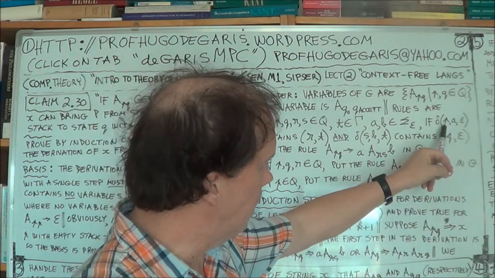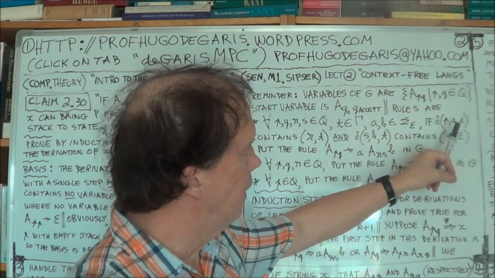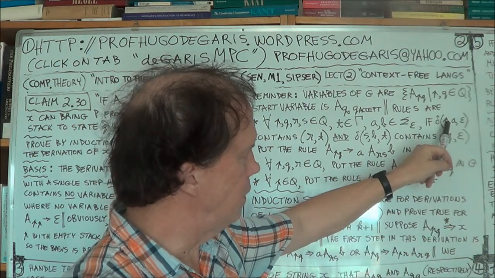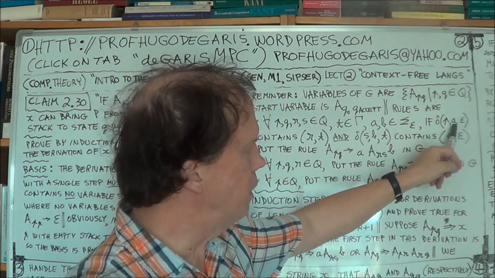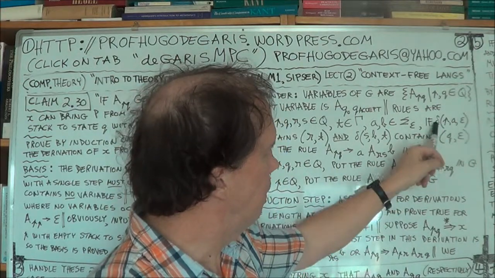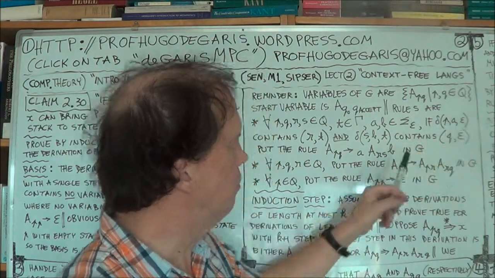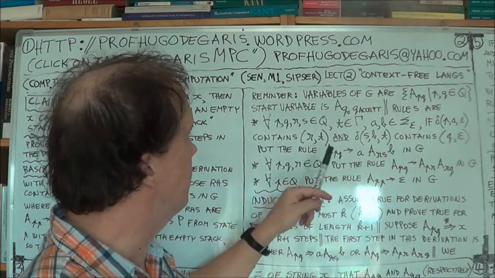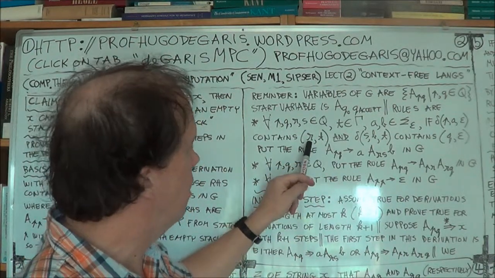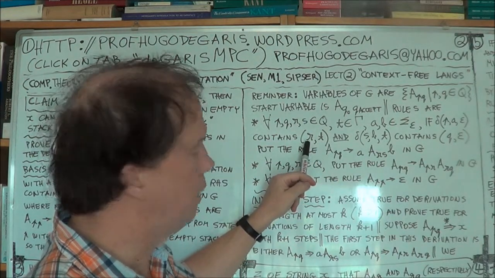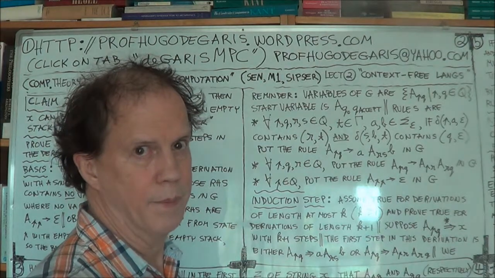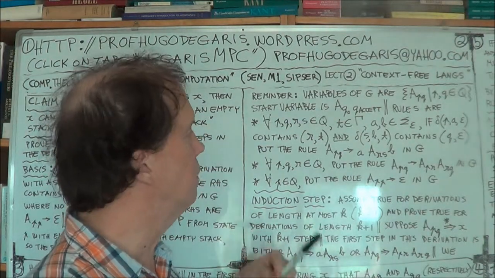In other words, if the PDA is in state little p and it's reading the symbol a, and the ordered pair that the transition rule returns has this one as a member, how do you interpret this? Remember, in the ordered pair of a PDA, the first one is the next state. It's an automaton, so it'll go to the next state.